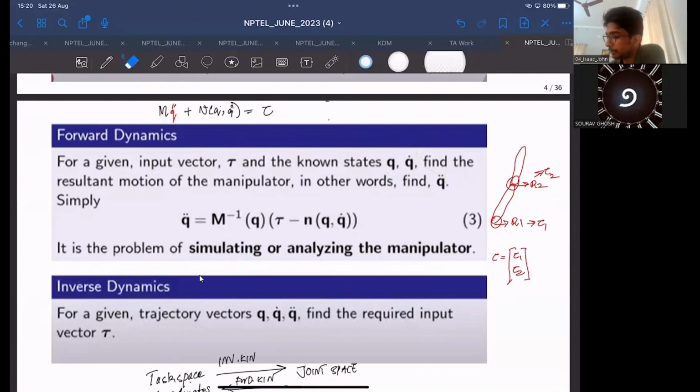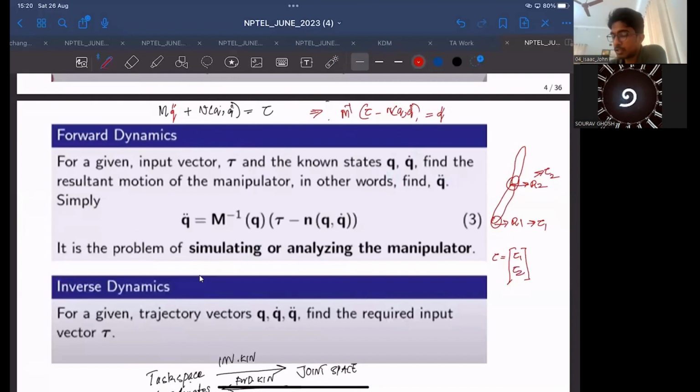By doing some simple elementary mathematical manipulation, we could write this equation as tau minus n of q, q dot, whole multiplied by M inverse. This will give you q double dot, the acceleration coordinates.